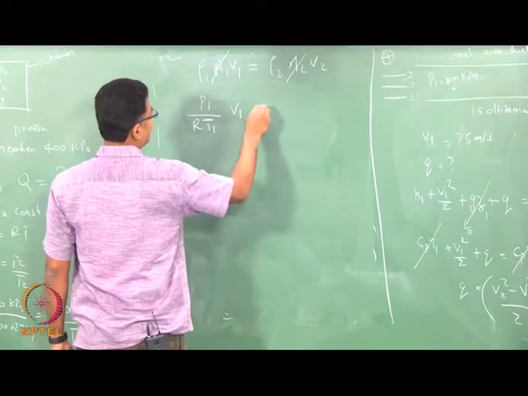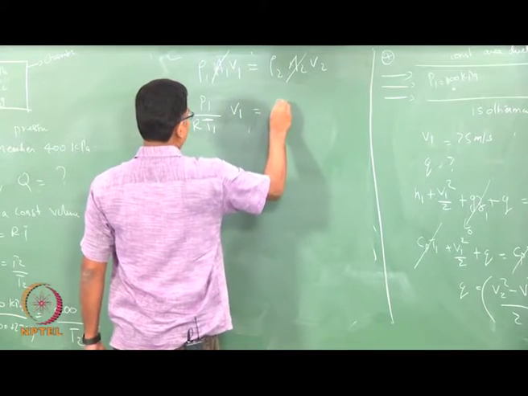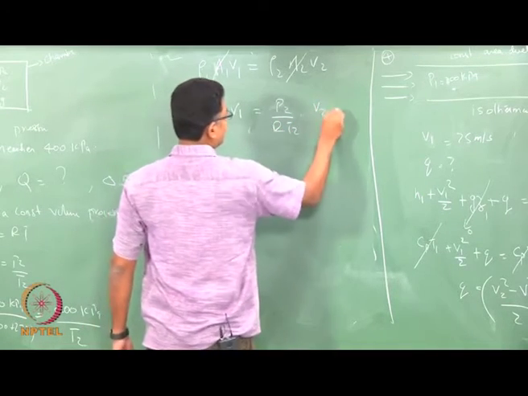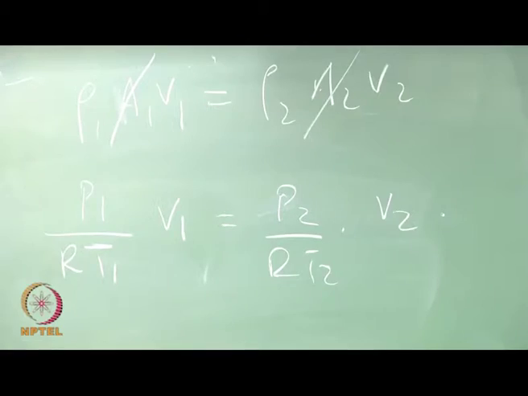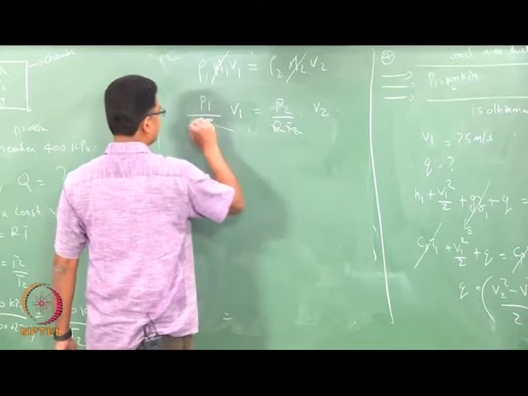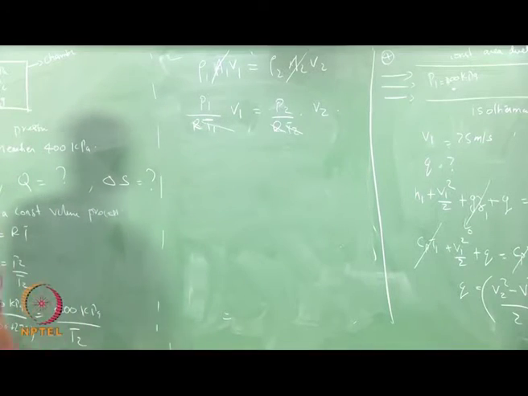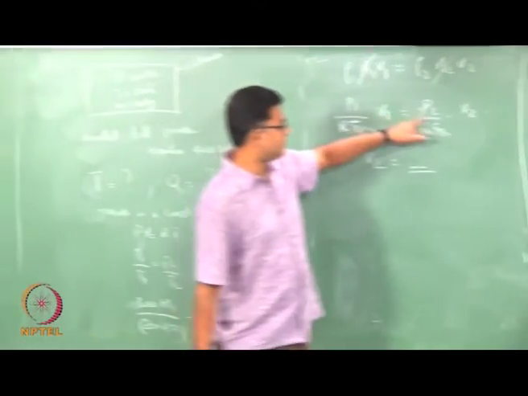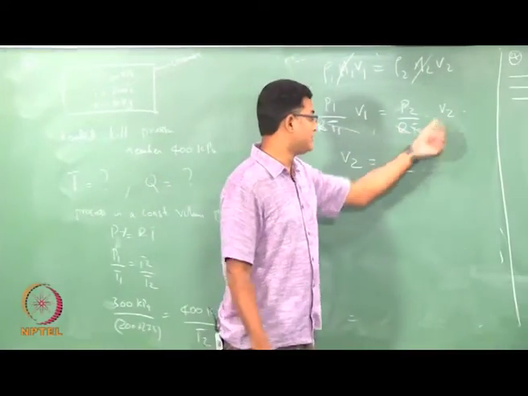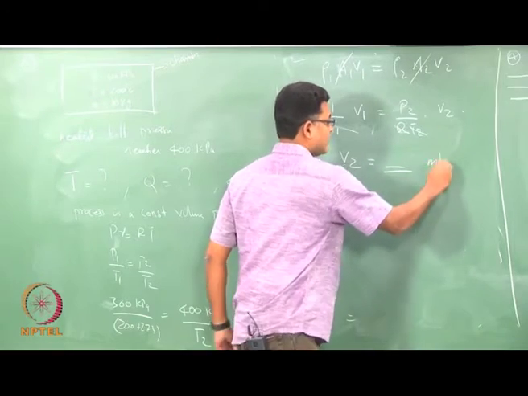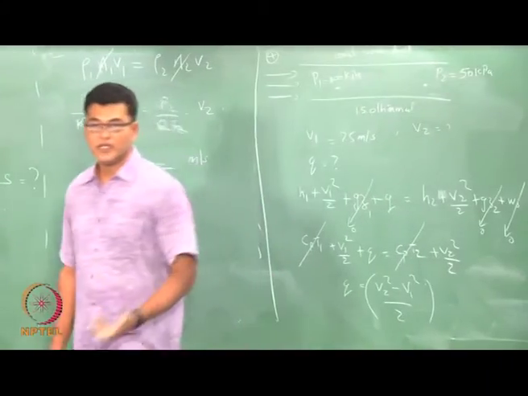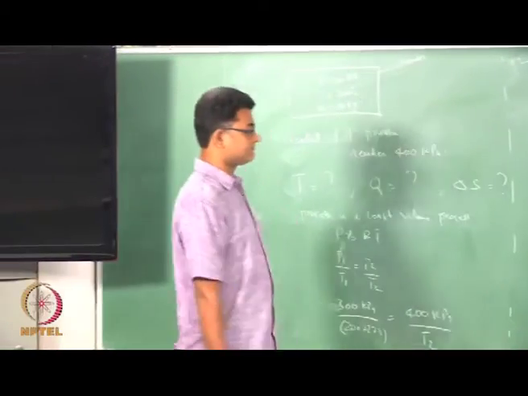V1 equals P2 by R T2 into V2. T1 and T2 are same, so this cancels out. You know P1, you know P2, you know V1. So, V2 can be evaluated in meters per second. Substitute that in here, you would get your heat change.